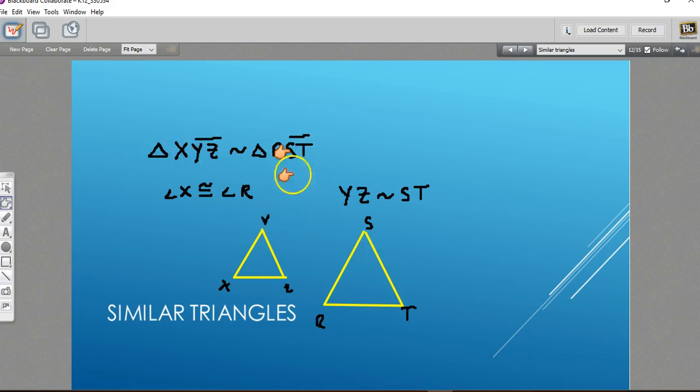If you can't see that in the name, then something's wrong. And then we can see that angle X is congruent to angle R. So remember, even though they're similar triangles, the angles are still congruent. So make sure you understand that for the test and how to read those similarity statements.